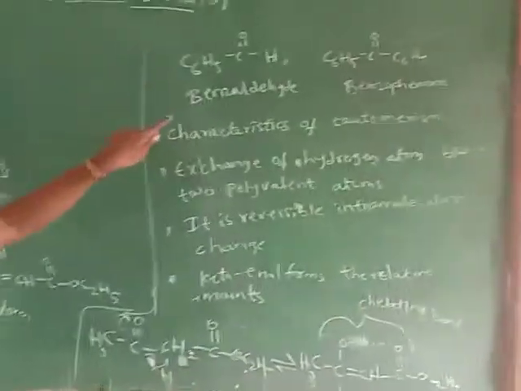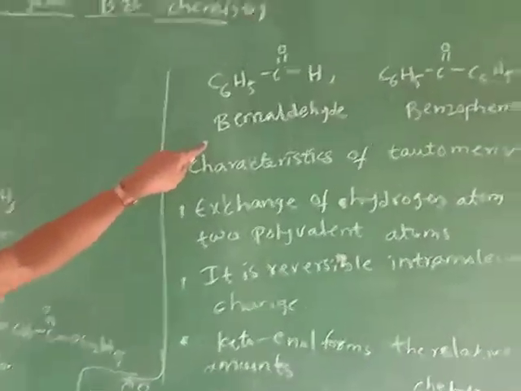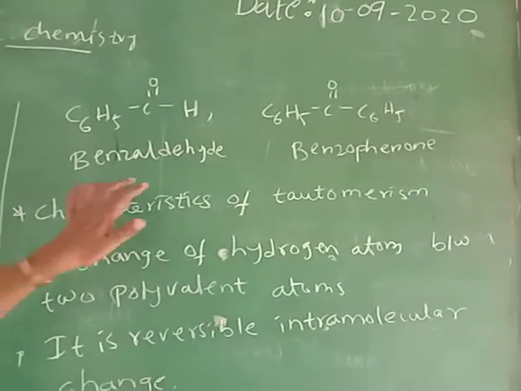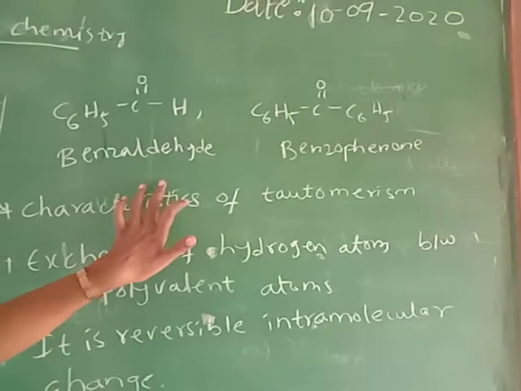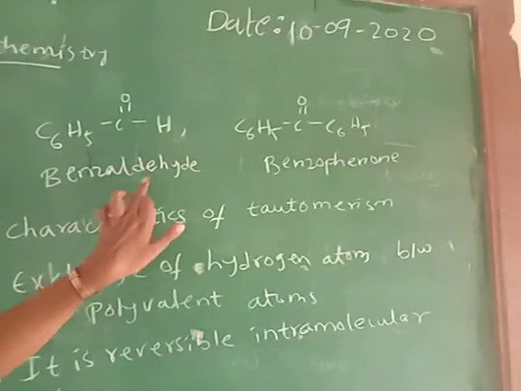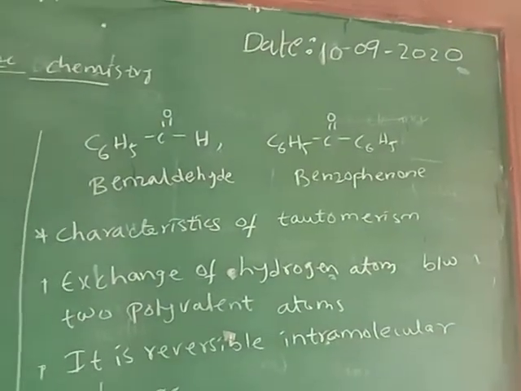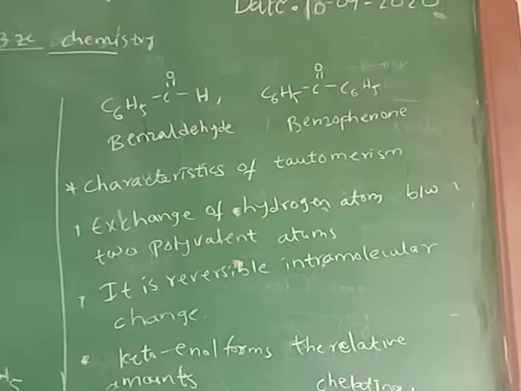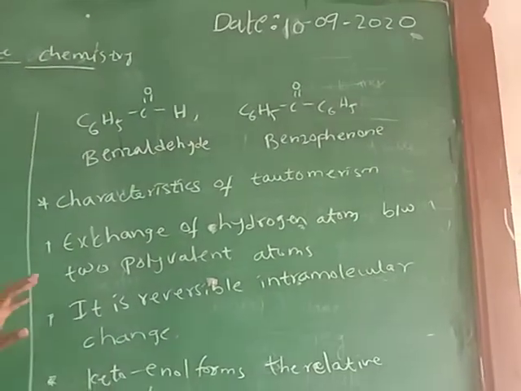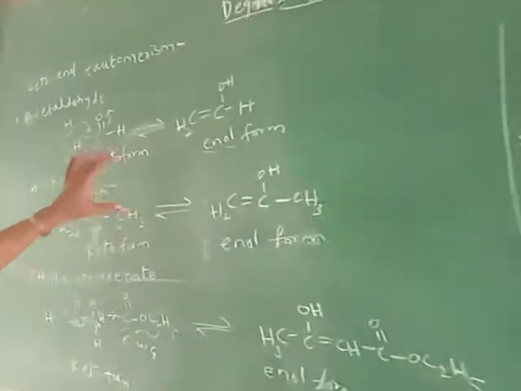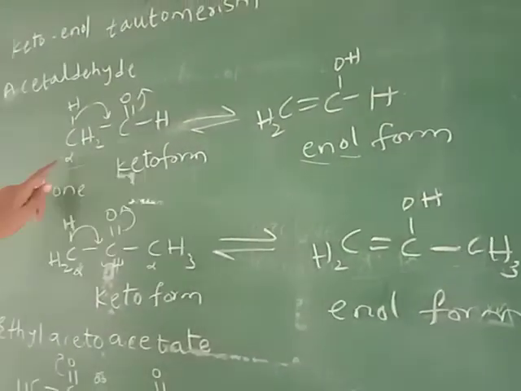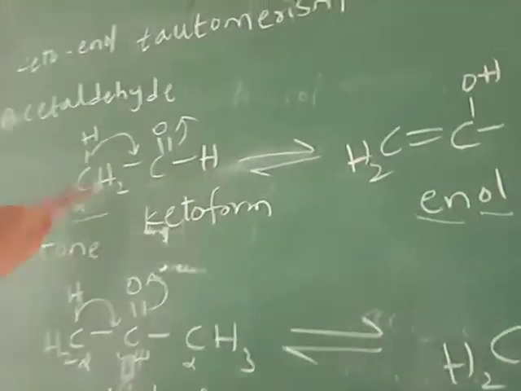Does benzaldehyde exhibit keto-enol tautomerism, and does benzophenone exhibit keto-enol tautomerism? Yes or no? Benzaldehyde and benzophenone do not exhibit keto-enol tautomerism. What is the reason? We have to observe these compounds. The alpha carbon must contain an alpha hydrogen.